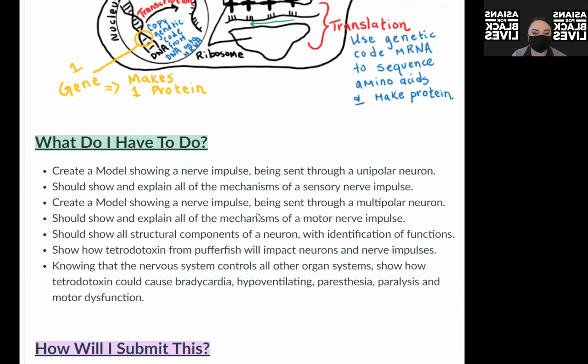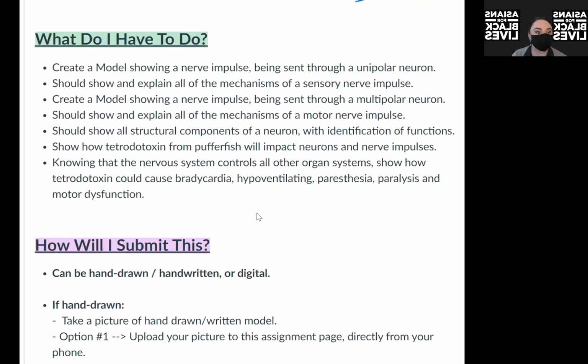And so what do we have to do in this model here for this class? So it says you have to create a model showing a nerve impulse being sent through a unipolar neuron. It should show and explain all the mechanisms of a sensory nerve impulse. You have to create a model that shows a nerve impulse being sent through a multipolar neuron.